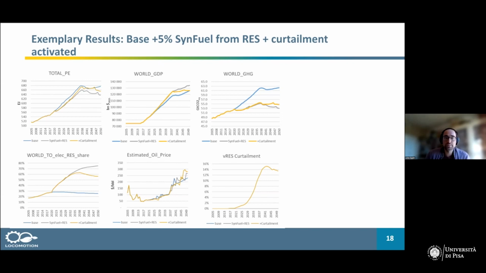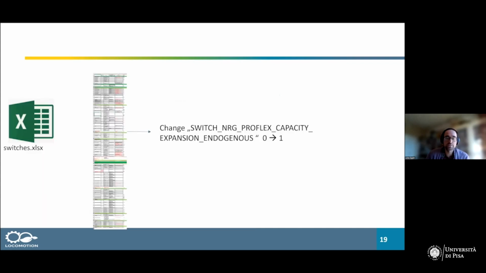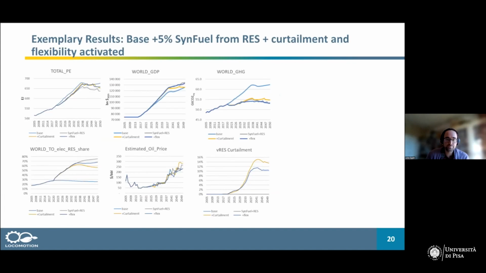So this is only one side of the medal, though. I did not switch on the flexibility processes that we also have in the model. So let's do that. It's a switch.